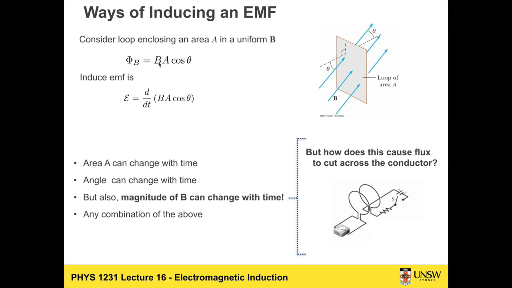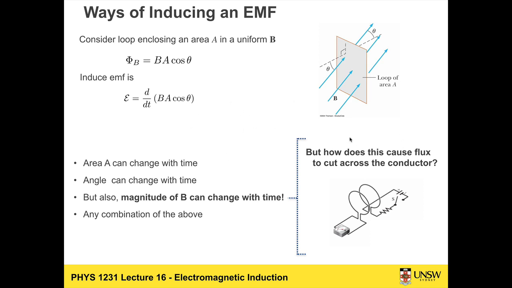It's just the magnitude of the magnetic field times the area times cosine theta, which comes from the dot product, of course. And the induced EMF would be the time rate of change of this quantity. And of course, we can increase the magnetic field, we could change the area with time, or we could change the angle with time. All of these can give rise to a changing flux and therefore induced EMF.